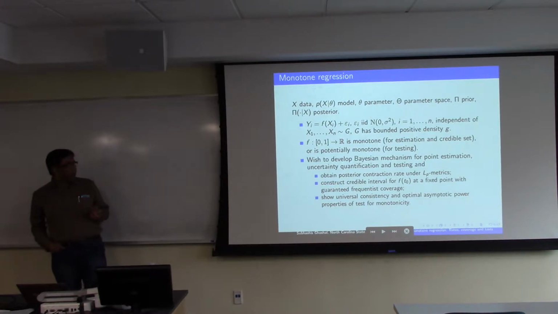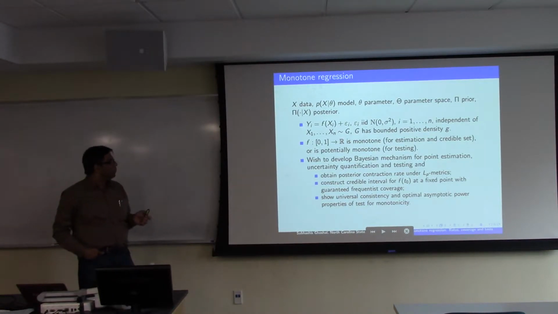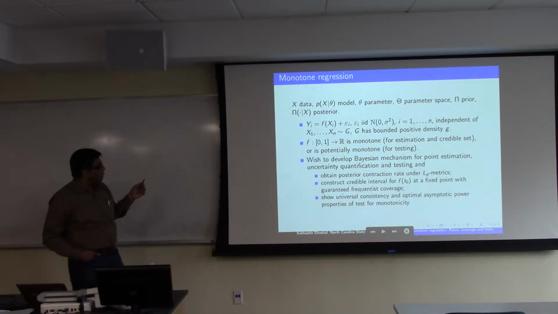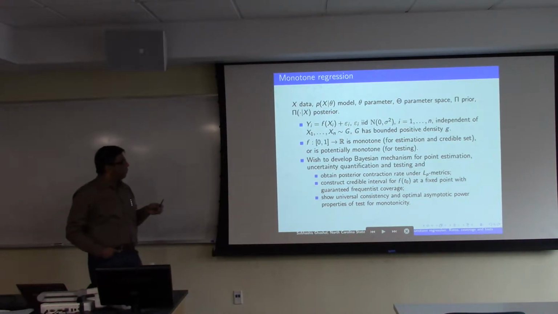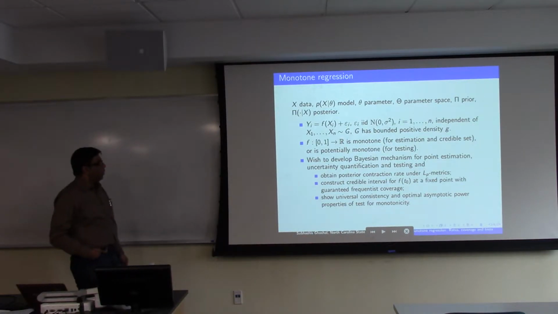And we develop some Bayesian machinery for this problem. So we want to estimate the function at a point or globally, and then check the coverage of the credible sets the Bayesian method produces.